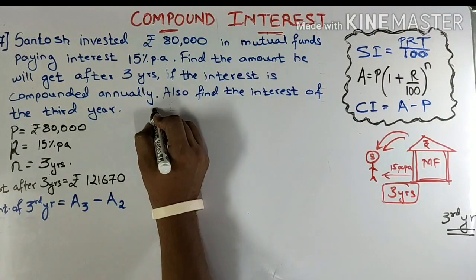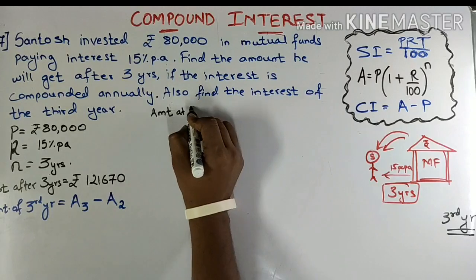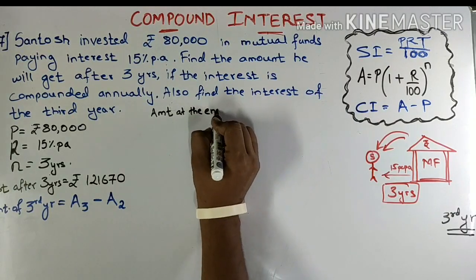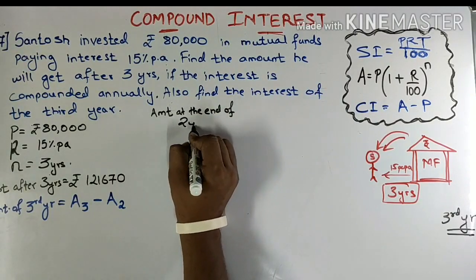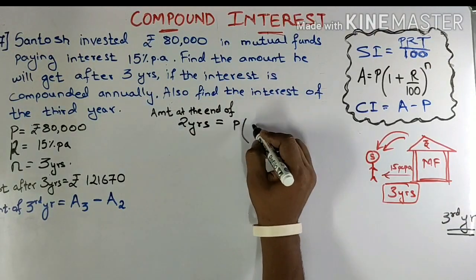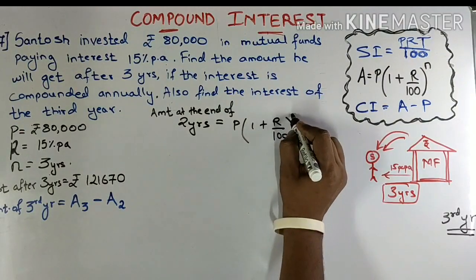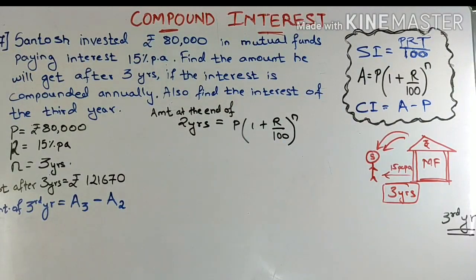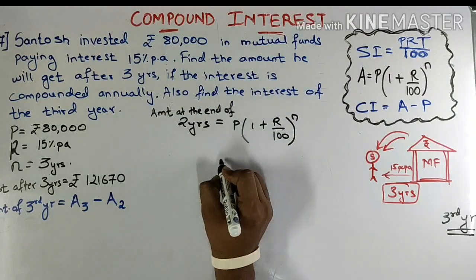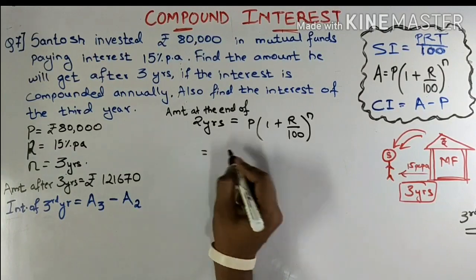So again, let's use the formula: amount at the end of 2 years is equal to principal into 1 plus r by 100, the whole raised to n, where n should be 2 years and principal will be again 80,000. On substituting the values, we get amount.